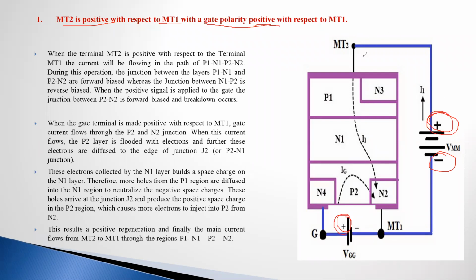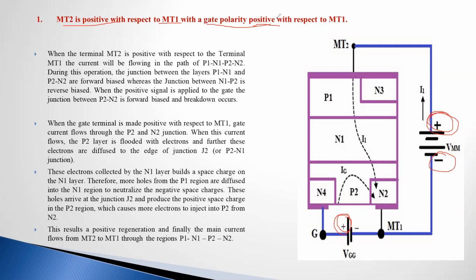MT2 is positive with respect to MT1 and the gate is positive with respect to MT1. Means the potential of the gate is higher than the potential of MT1. Next, the potential of MT2 is higher than the potential of MT1. Did you get the point?